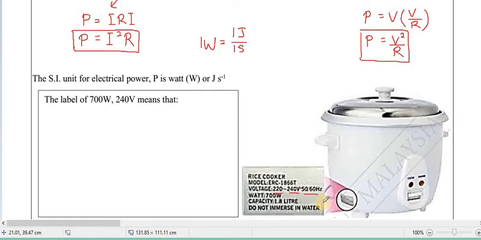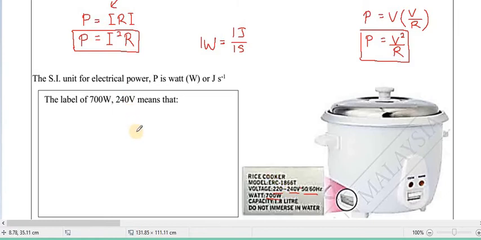If the frequency is 50 hertz, it changes direction 50 times in 1 second. The label here also says watt. It doesn't say power, but it's the same thing. The watt is 700 watt, so the power of this rice cooker is 700 watt, and then the voltage is 240 volt.